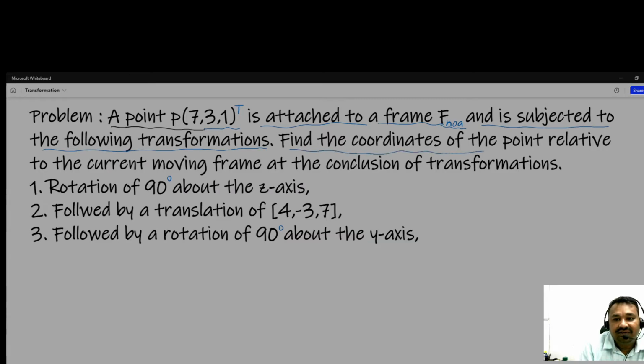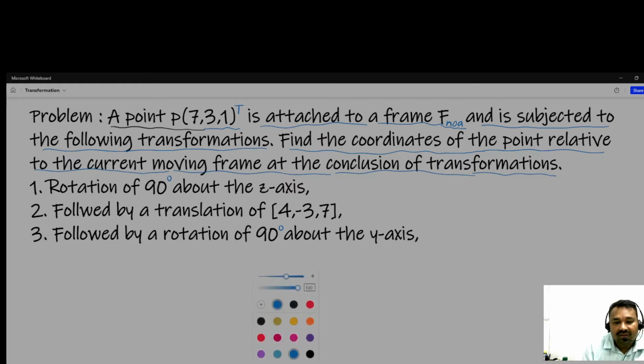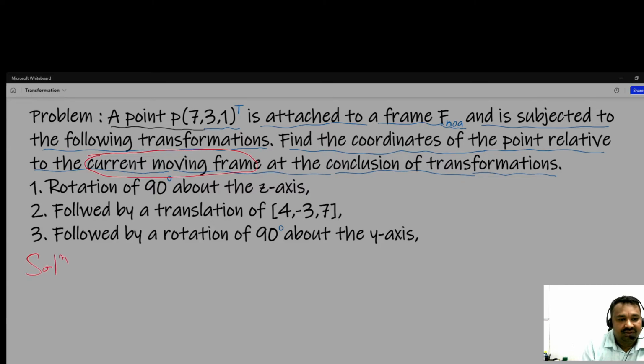Find the coordinates of the point relative to the current moving frame at the conclusion of transformations. So we have to identify whether the transformation is with respect to the current moving frame or the reference frame. Let's start the solution.